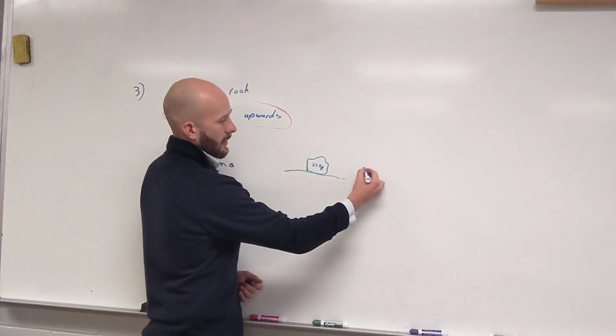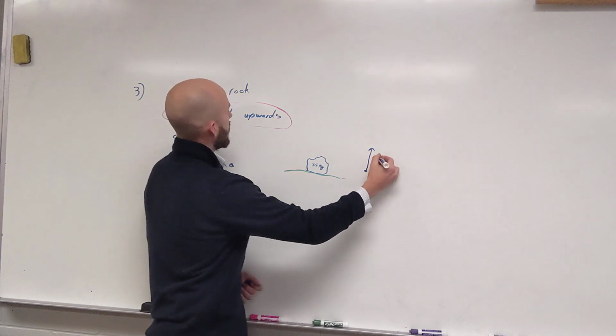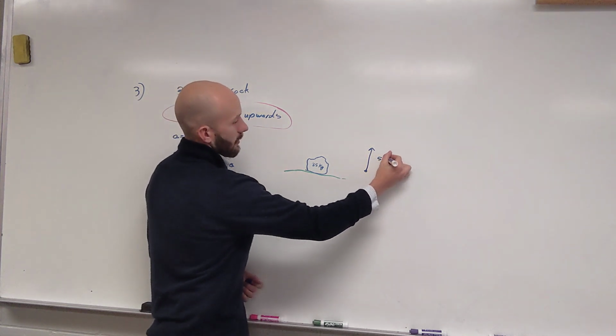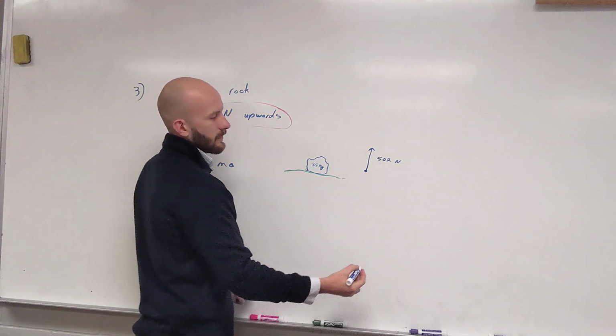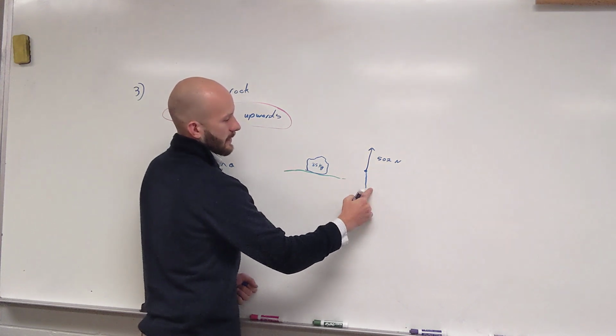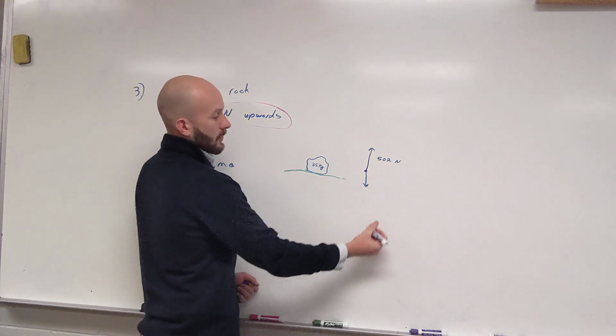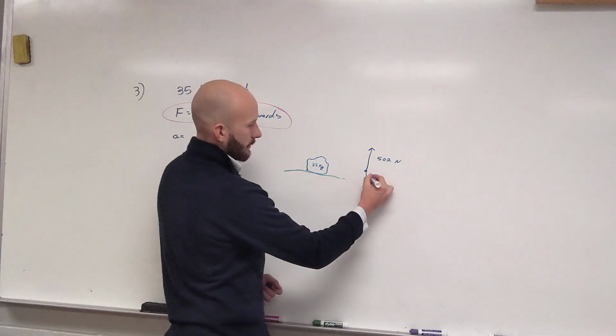If we draw a free body diagram, we have the force that we're putting upwards on it of 502 newtons. What other force is there? Gravity. Yes. So you always have to take that into consideration. Now, if we're assuming that we're going to lift it, gravity has to be less, right?